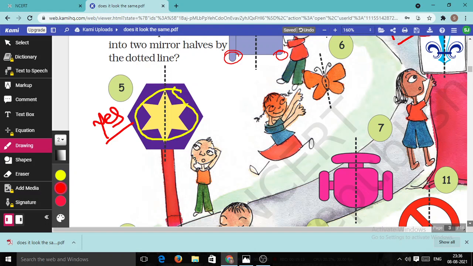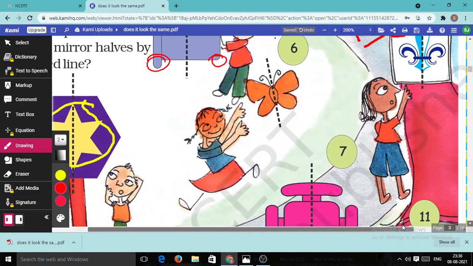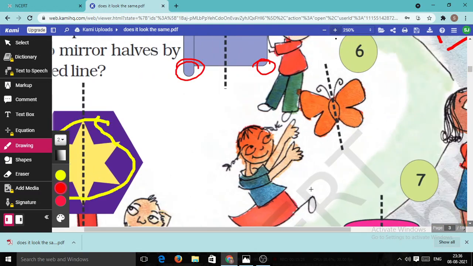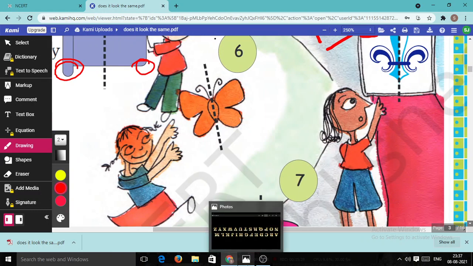Again, question number 6. If you see question number 6 carefully, look at this picture carefully.